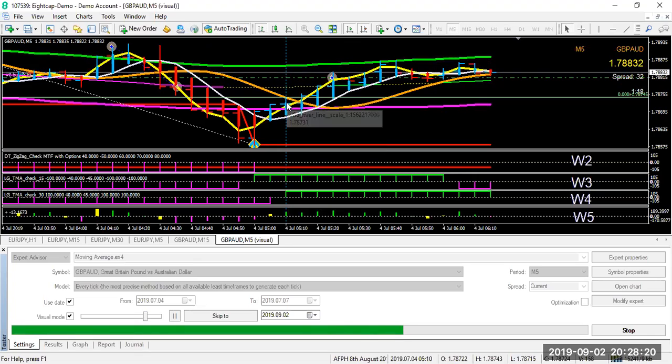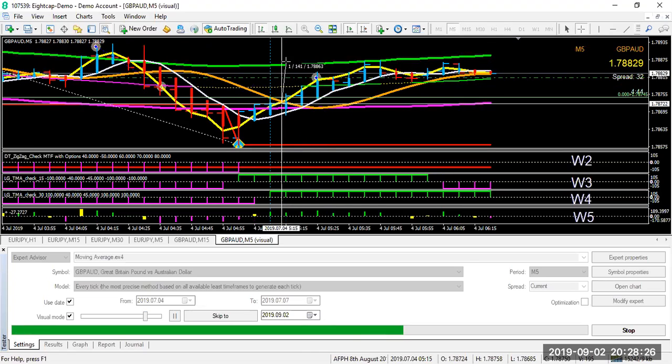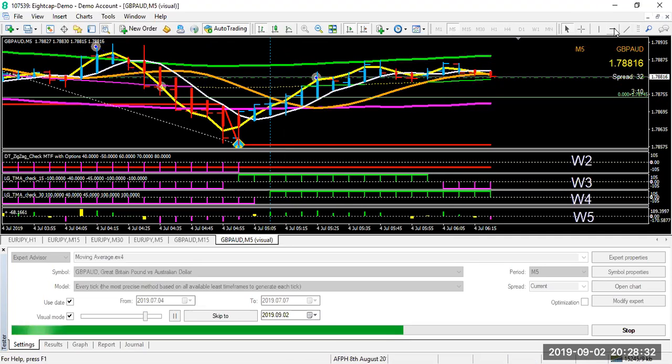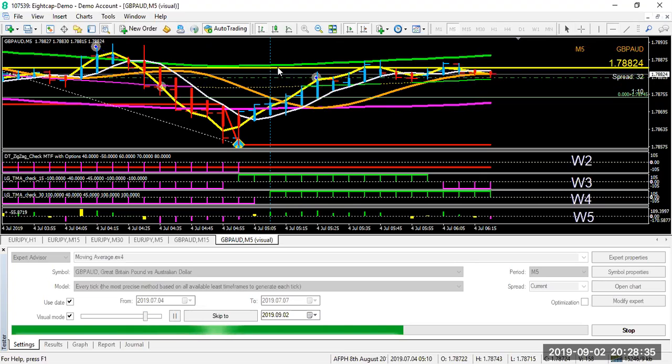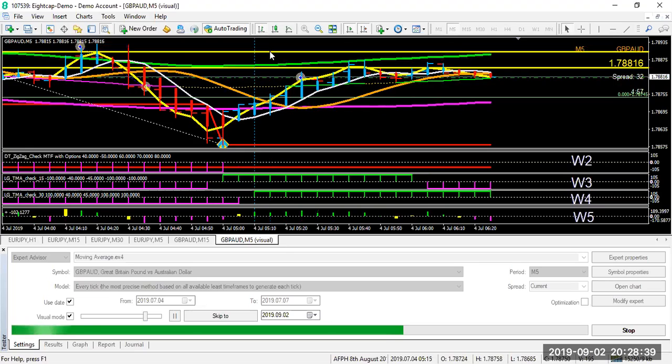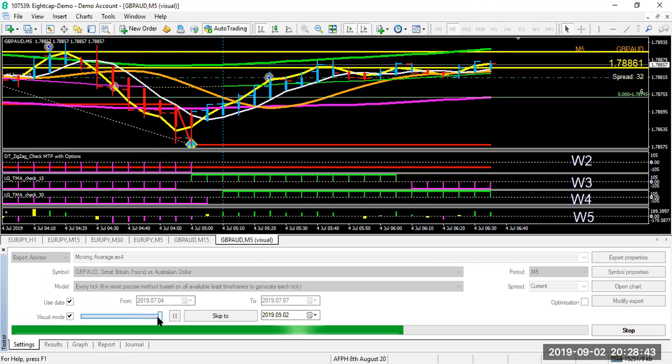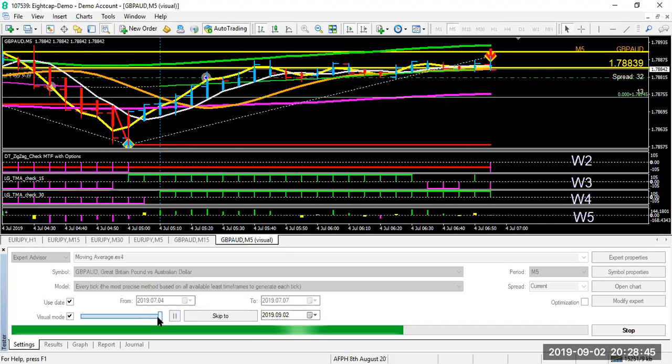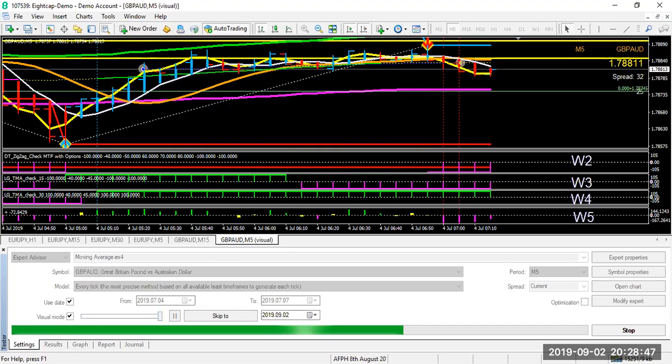So once again, on the 5 minutes, 20 pips for channel, 20 pips up. It's up here above the river. The riverbank would be one of our targets. And there's our diamond.